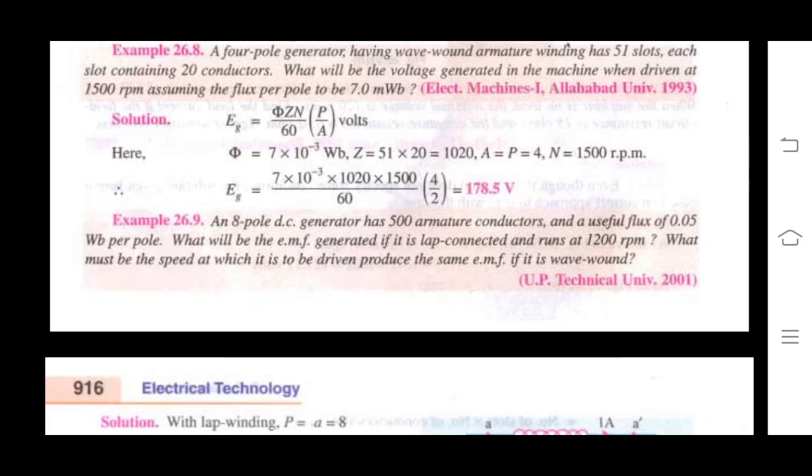Φ equals 7 milliwebers, 7 into 10 power minus 3 webers. Z equals 51 into 20, P equals 4, N equals 1500 rpm.